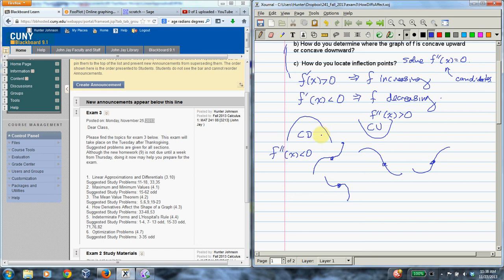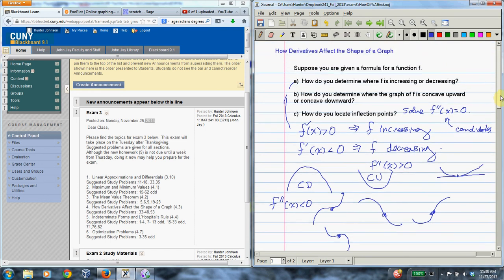It can't change concavity unless it changes sign. It has to go from negative to positive, or from positive to negative. But it can be 0 and not change sign if it has a root that looks like this, like a bouncy root. So if you solve this equation, you get all the candidates, and then you just need to check that it doesn't just kiss the axis like that. That's the answer to part 1.